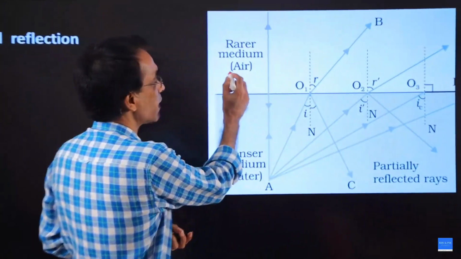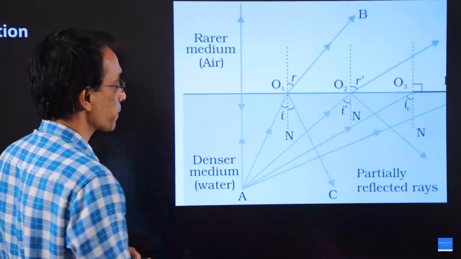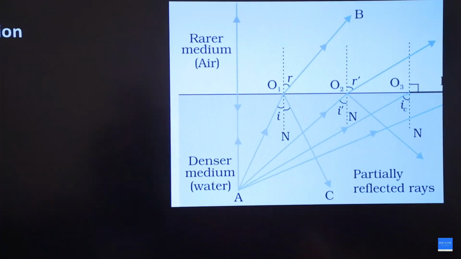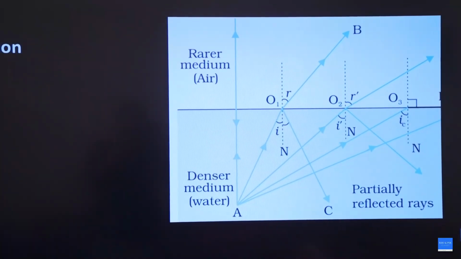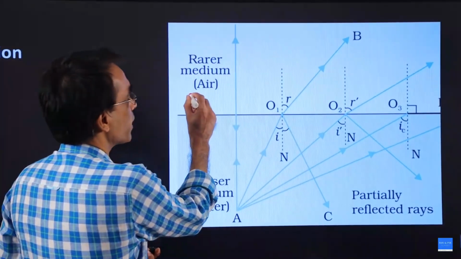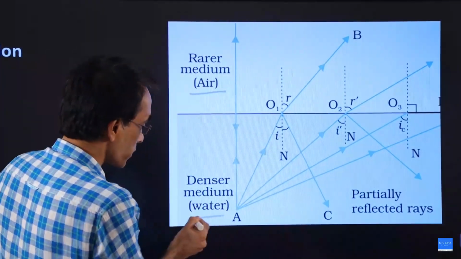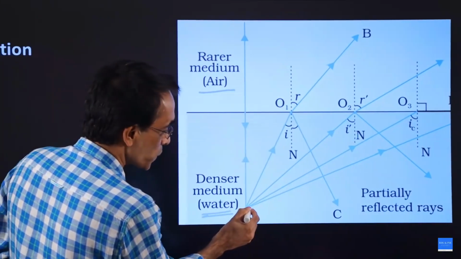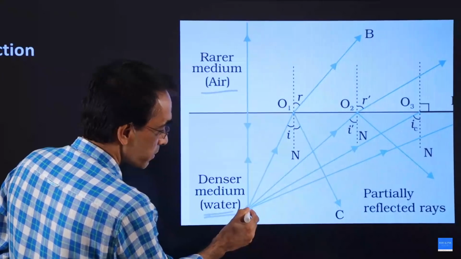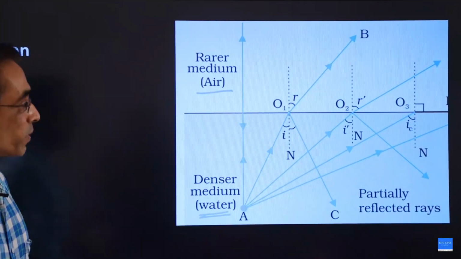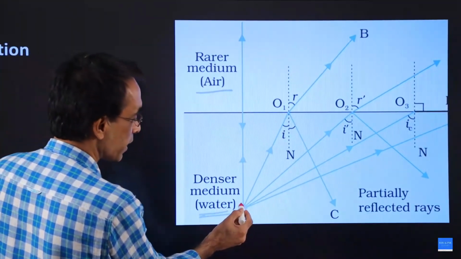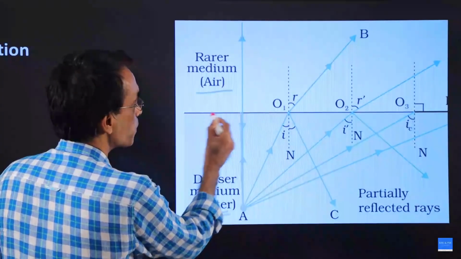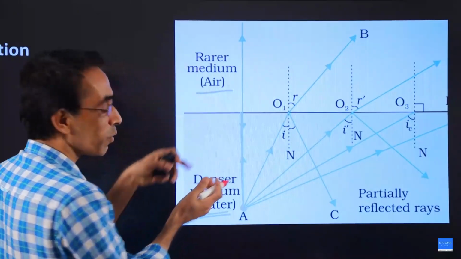For easiness, I am taking this as air and this as water. Okay. There is a source of light here. A stands for a source of light. From this source you can see a light ray is going straight upward and this is perpendicular to the air-water interface.